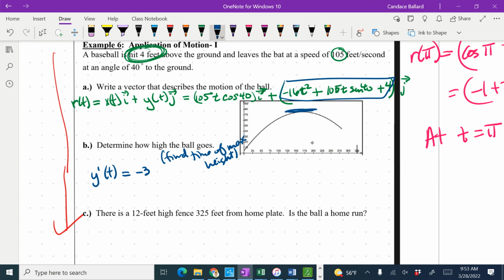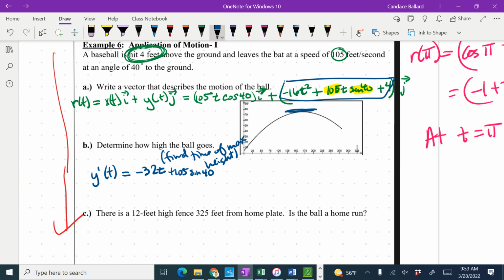Negative what? 32t, perfect. Then this is kind of weird: this is a number, this is a number, so that's the coefficient. So the derivative of that thing is just what I highlighted in yellow, 105 sine of 40. And what's the derivative of 4? 0. Good.